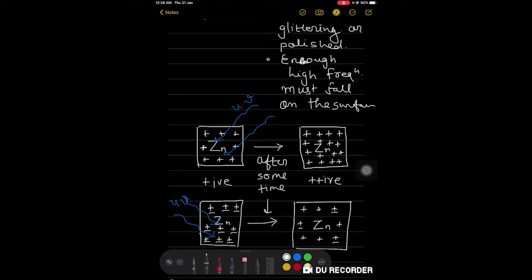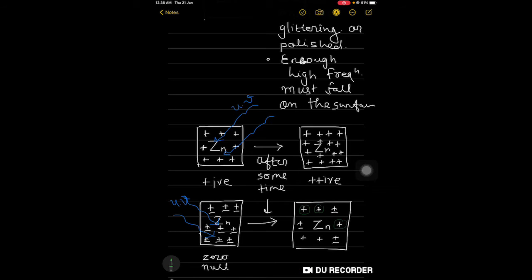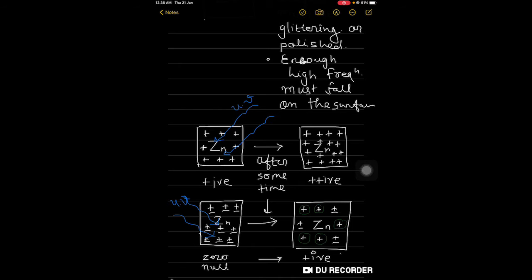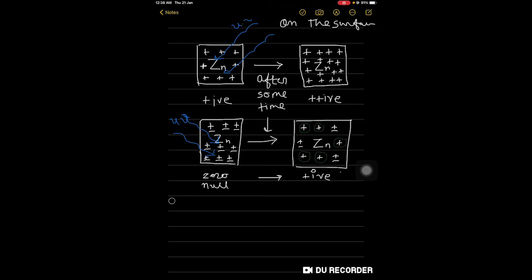That means here if we draw something, we can see that the electrons are missing. So when the null plate was kept and incident by UV light, the new result was that it becomes positive. So it was an interesting result.